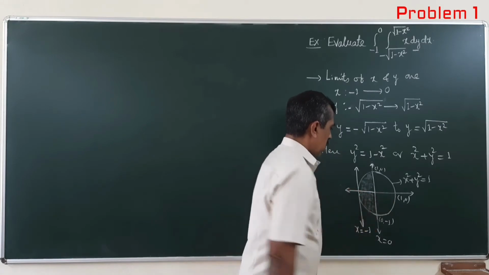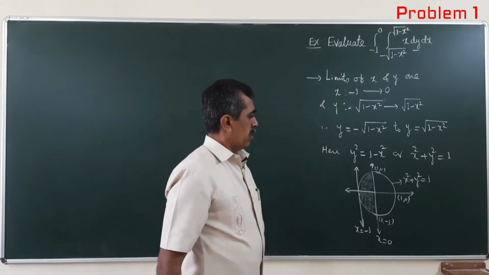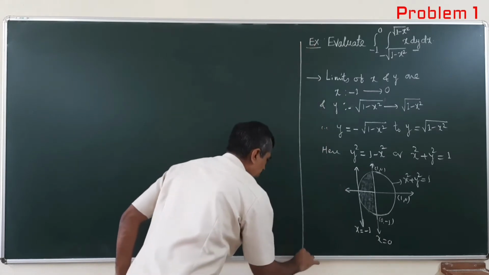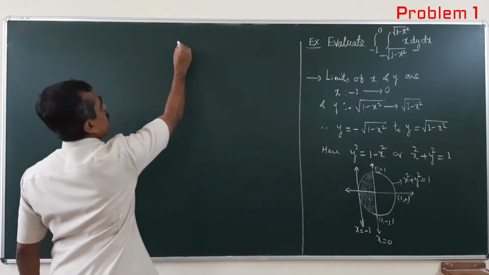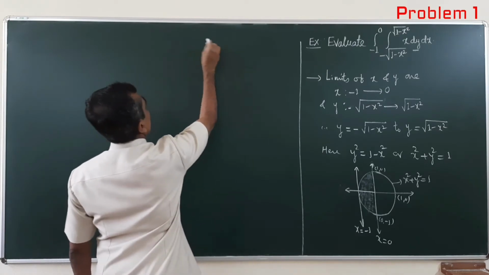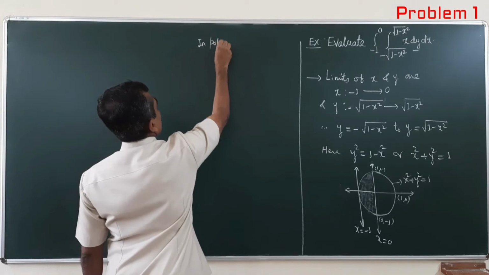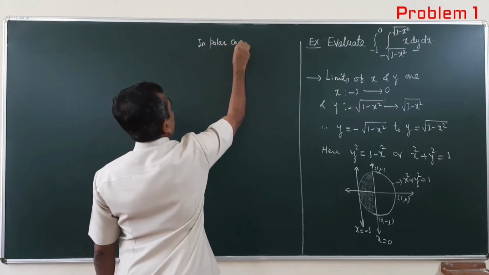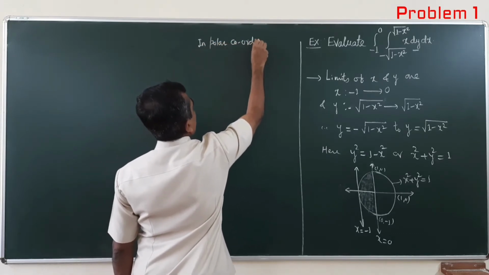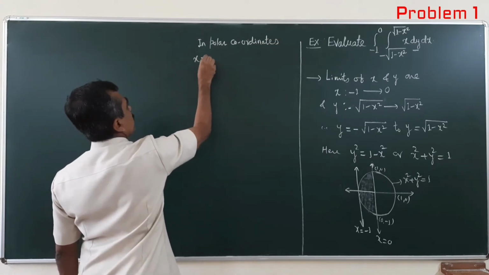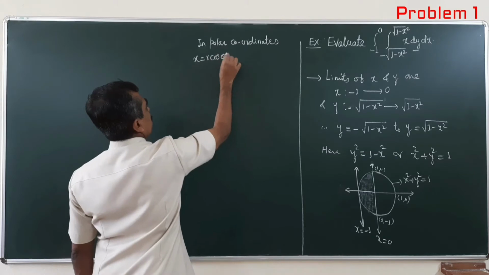Now we will have a change of coordinates. In polar coordinates, what is x? x is r cos theta.